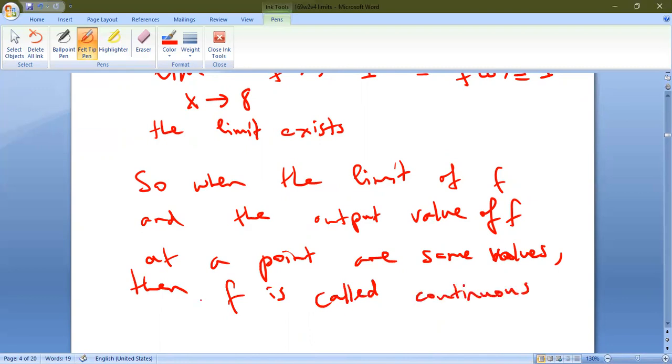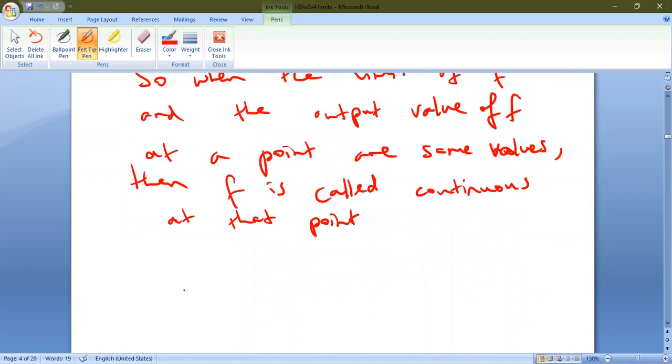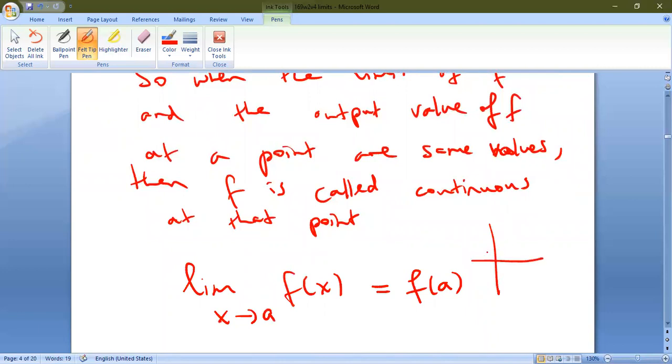We will come back to this. What I'm saying is, if x goes to a, this is the limit, and if the value of the function at a is the same, then f is called continuous.